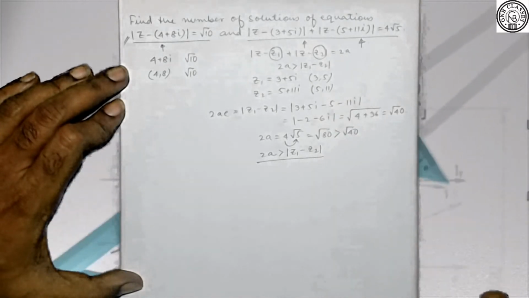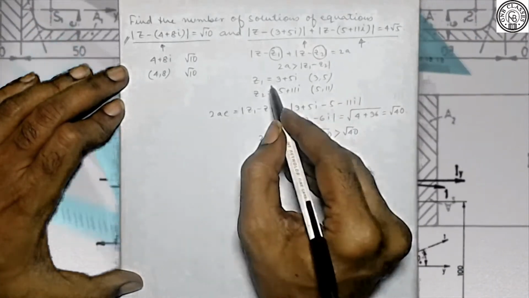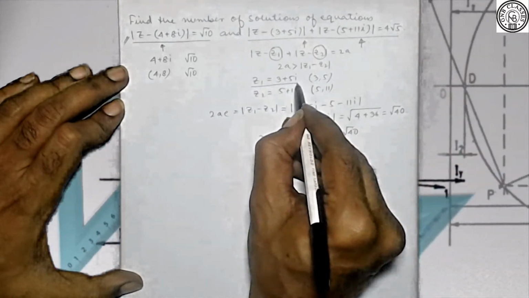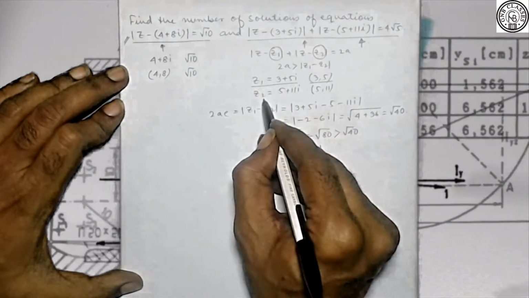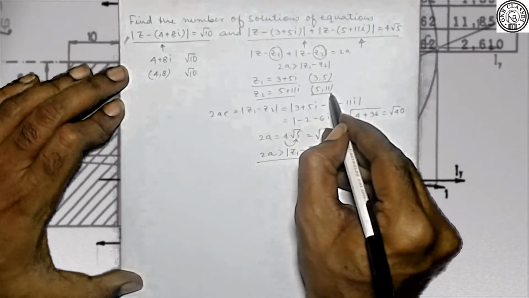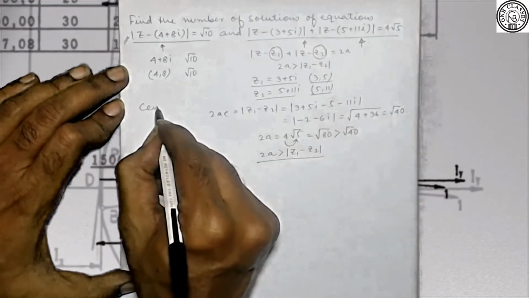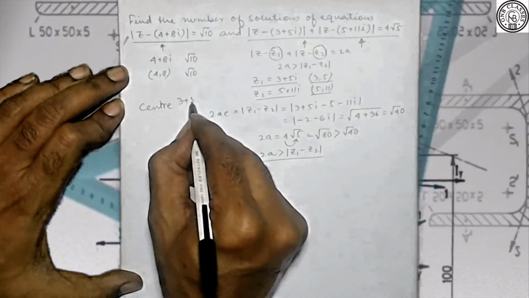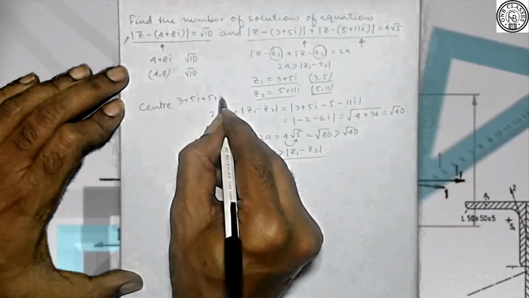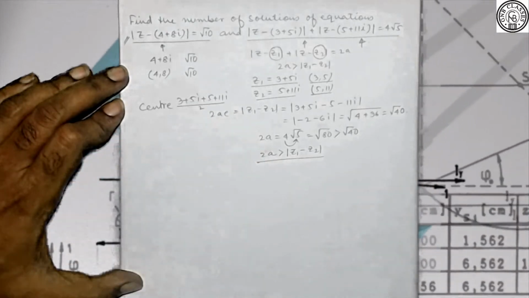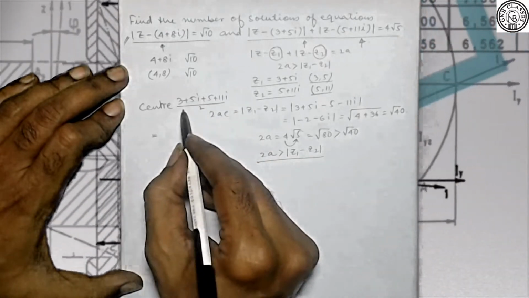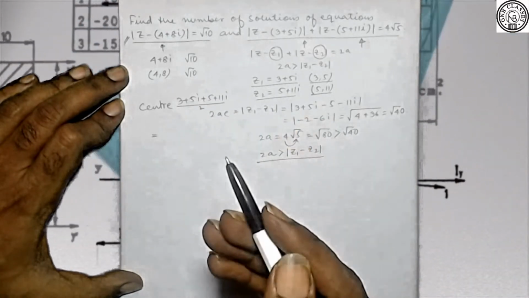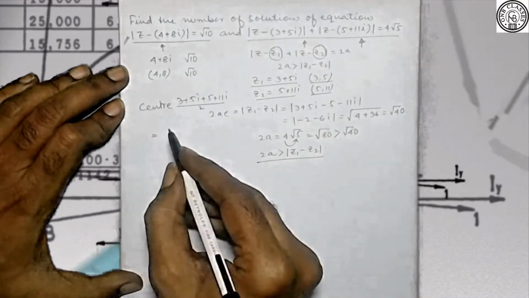That's for sure. Is it clear? So, for this ellipse, the foci are at (3, 5) and (5, 11). The center of this ellipse will be 3 plus 5 iota plus 5 plus 11 iota divided by 2, because the center is always the midpoint of the foci.